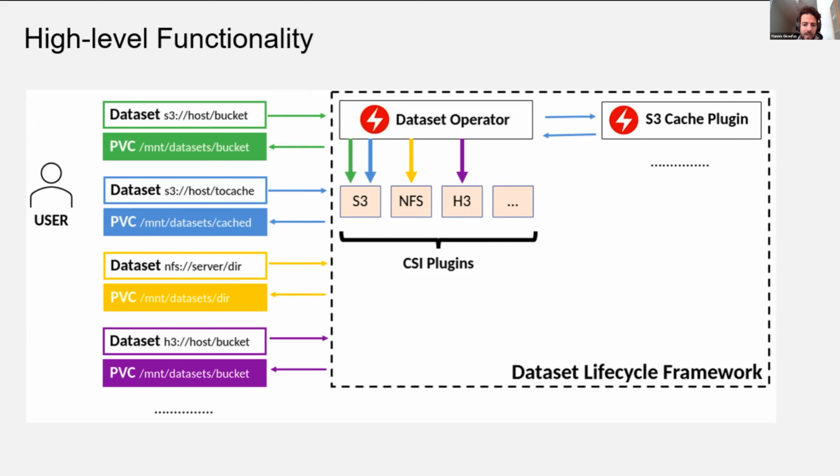One would be the dataset provider, so it's the person who will create datasets and make them available to the end users. And the users, without caring what is the interface, how it's optimized, how to configure, they just use the datasets without having to explicitly do something.